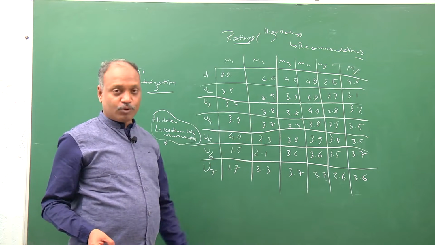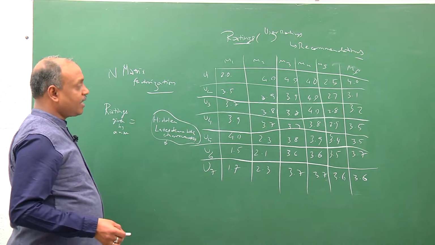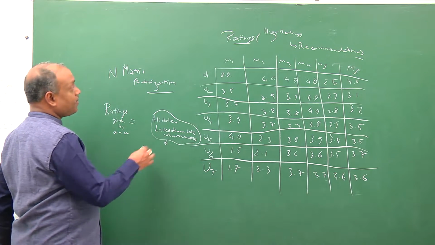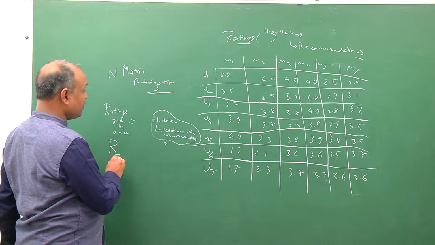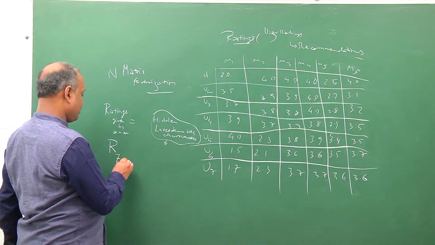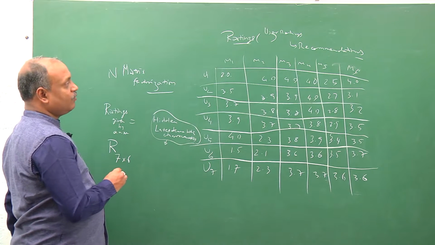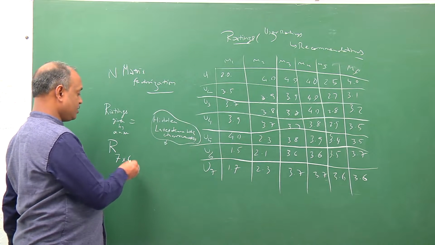And such an approach is done by viewing technically the ratings matrix. Let's assume here we're talking about 7 users, and for 6 movies, we see that there are 6 columns, 7 rows.